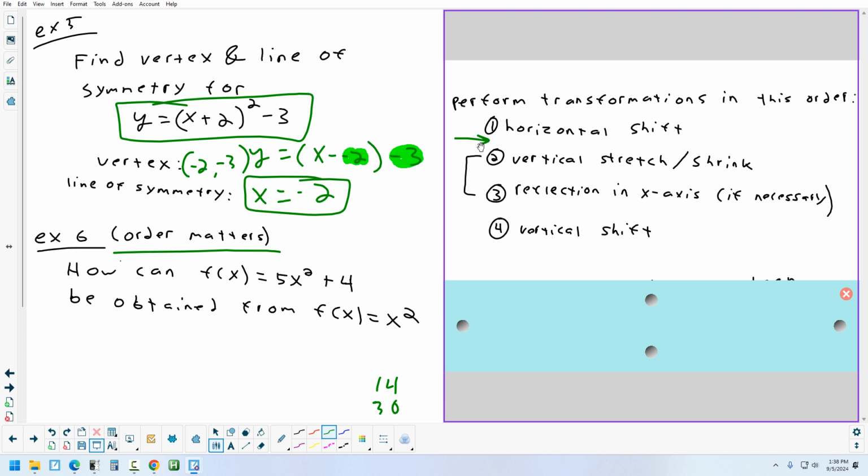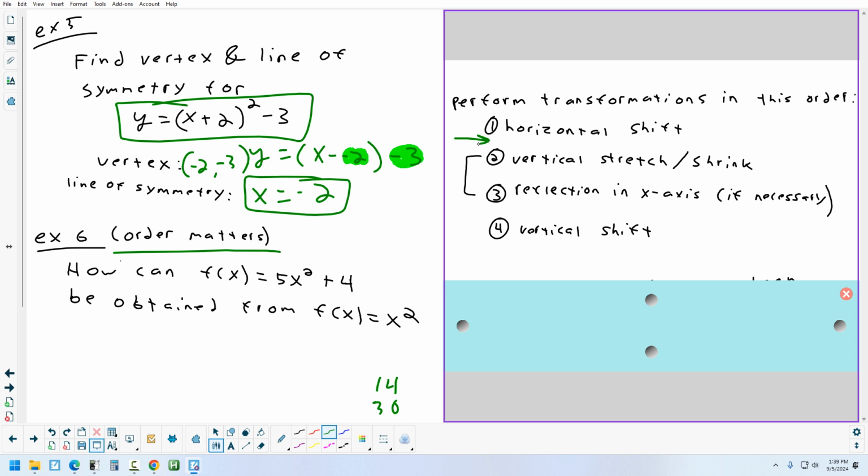So when you describe transformations, that's the order that you want to follow. Start with the horizontal shift. Then the next thing would be any vertical stretching or compressing. Reflections over the x-axis. So for this one, you'd be looking for a negative in the front.